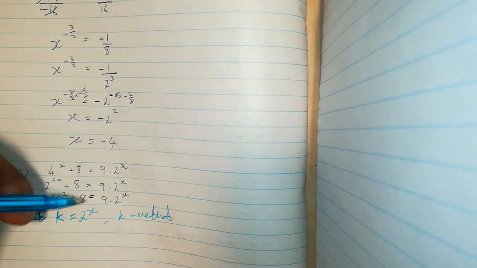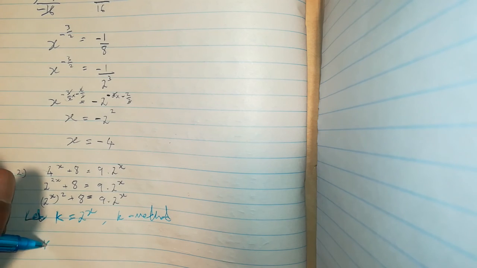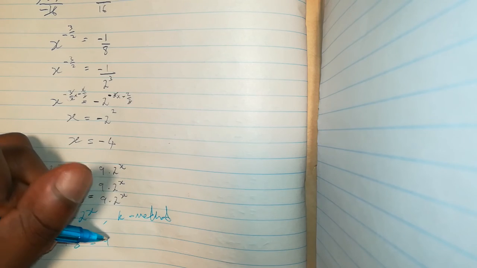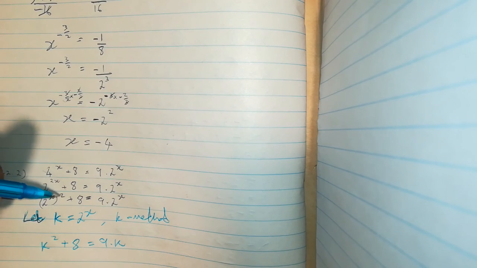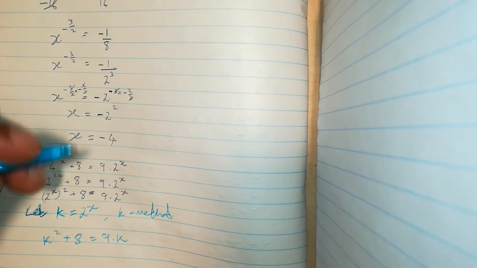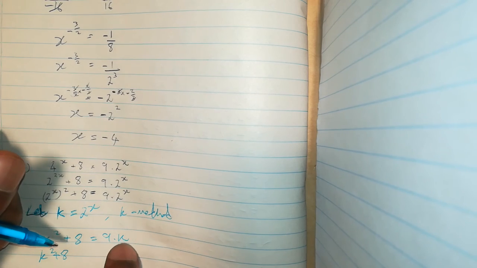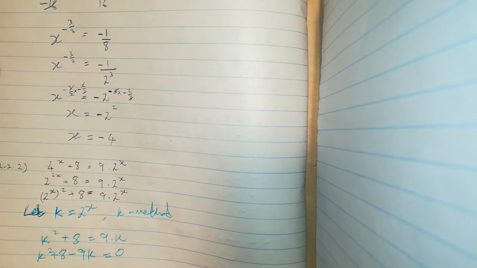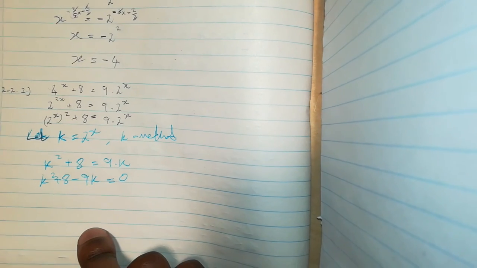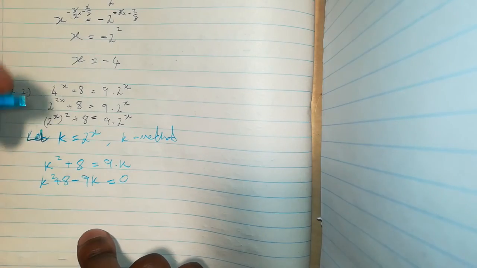So k squared plus 8 is equal to 9 times k, because every time we see 2 to the x, we substitute k. So k squared plus 8, that 9k must be sent this side, because now this is a new quadratic equation that needs to be solved like a quadratic equation.